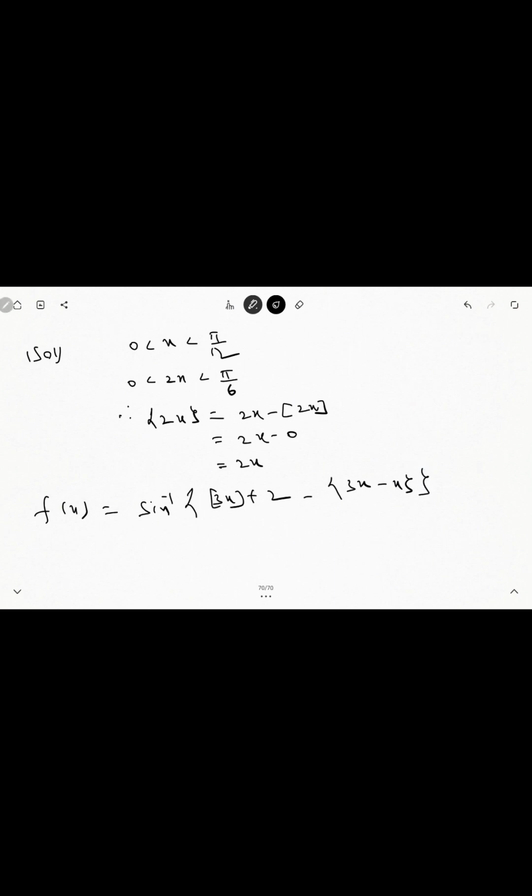And also one more fractional part of x. So again we are getting here 3x minus x. 3x minus x means 2x only. Fractional part of 2x is again 2x. Look at this.